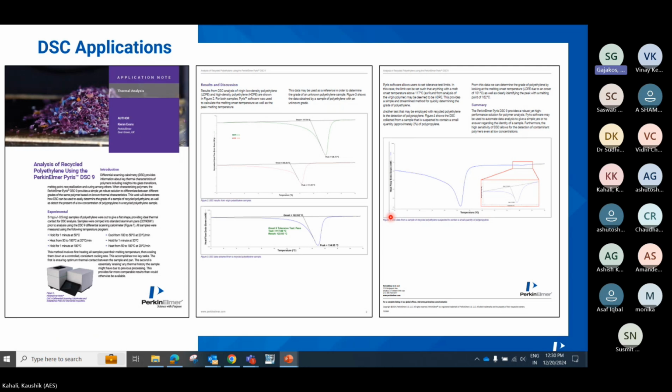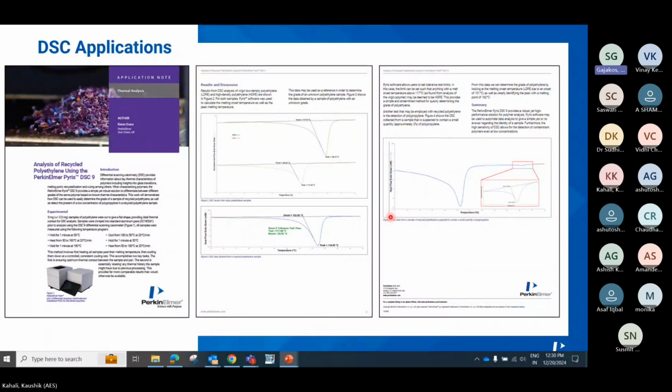As we know, there are virgin polymers and recycled polymers. Virgin polymers are pure polymers, and you can create a good product from them. But when we mix in the recycled polymer, it should be of a particular grade or purity.